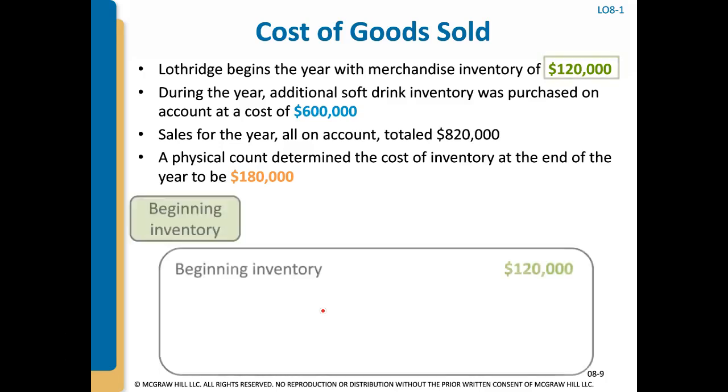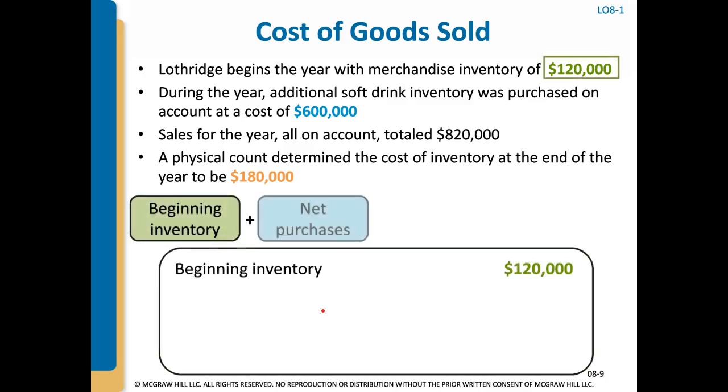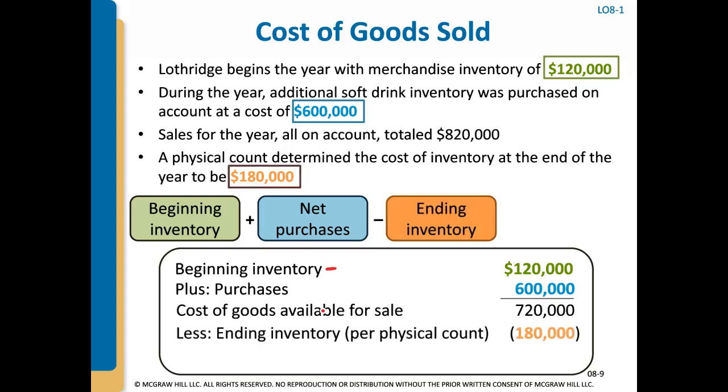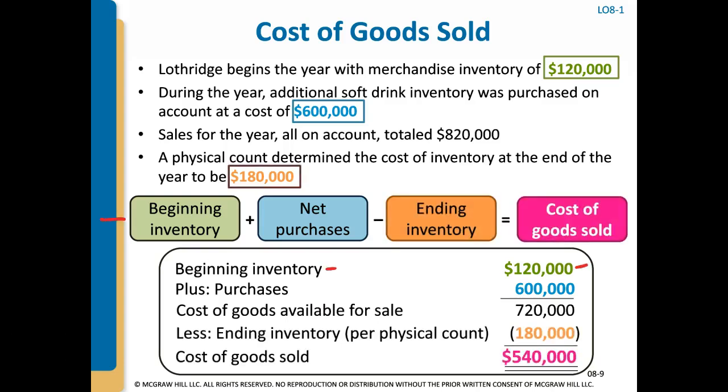So let's look at the formula. Here's our formula that we use to calculate cost of goods sold. It tells us our beginning inventory is $120,000. Our net purchases, what did we acquire during the year? During the year we purchased $600,000.